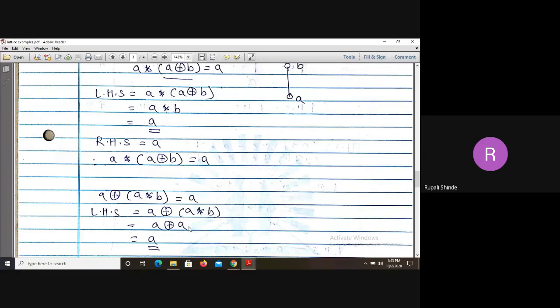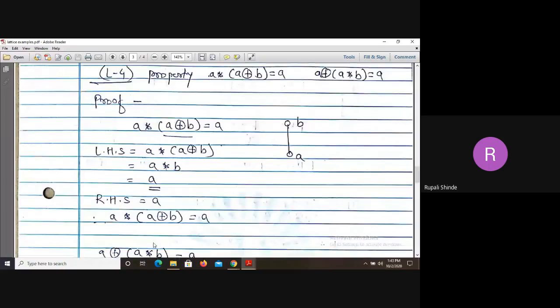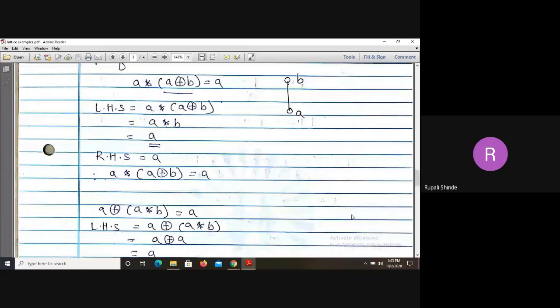So here again only one element is there, A. If we take its join operation with A, you will get the answer A only, and that is our RHS. So again here LHS is equal to RHS.